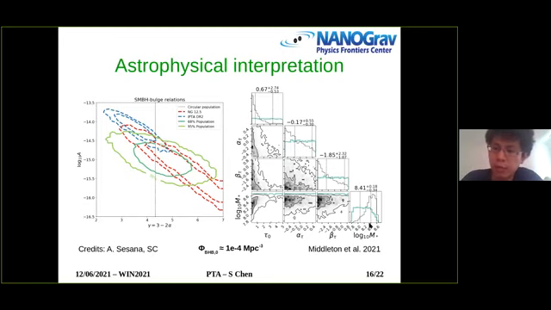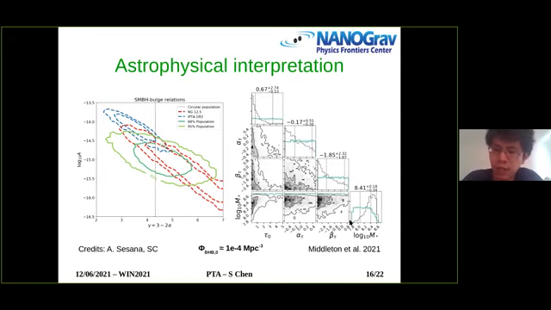So the 8.4 here basically means that for a reference galaxy with 10 to the 11 solar mass, you need to have a central black hole of mass 10 to the 8.4, which is quite heavy. And this green here is a contour that comes from all the observation data that we have.